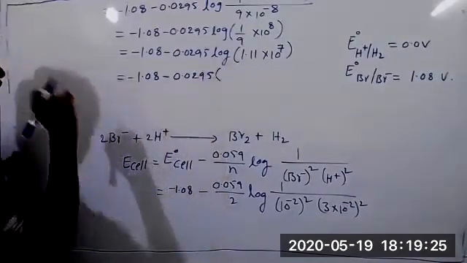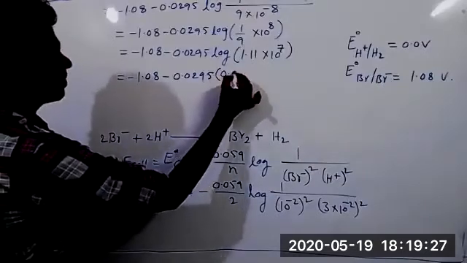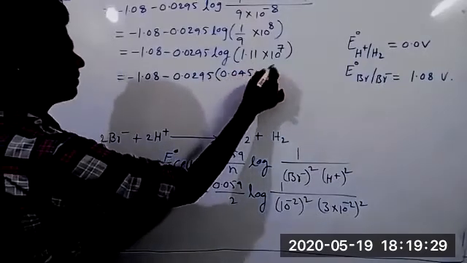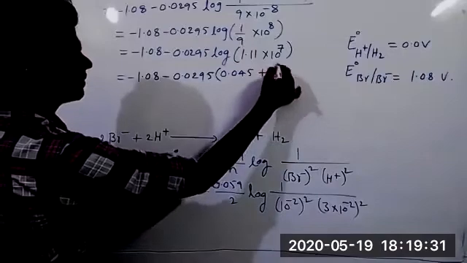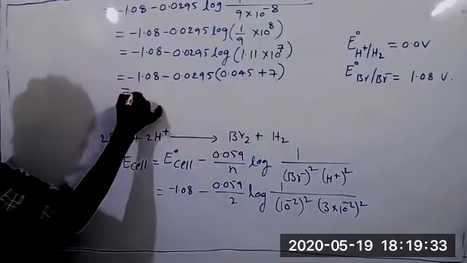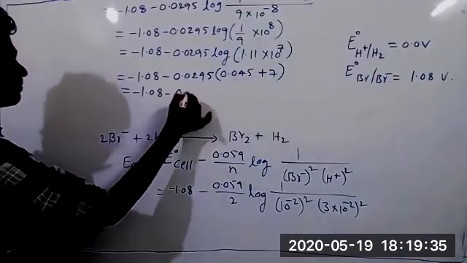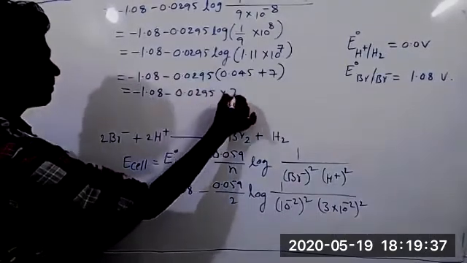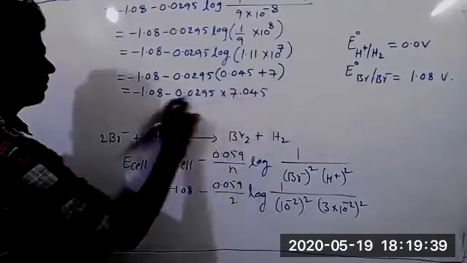So log 1.11 is 0.045. This value comes as plus 7, so 7.045.